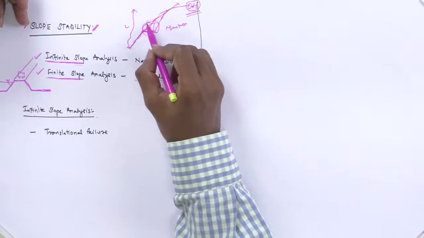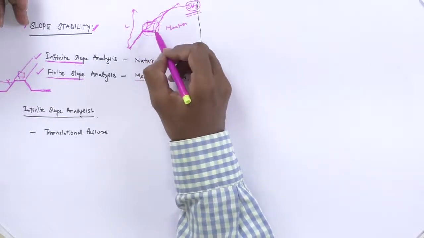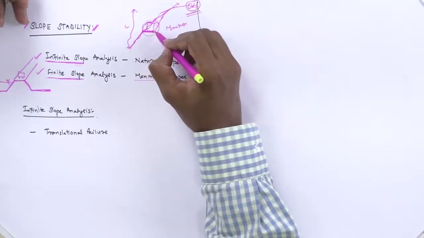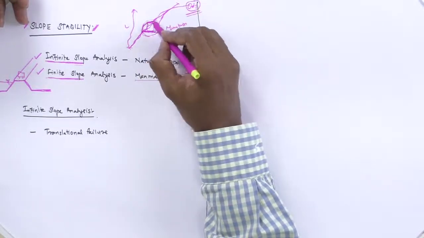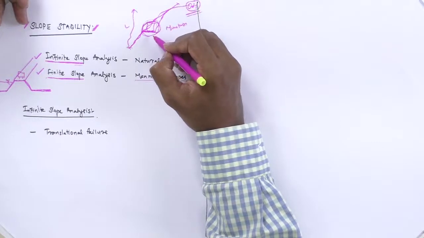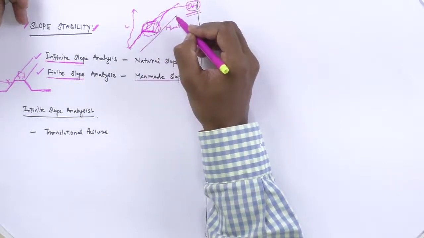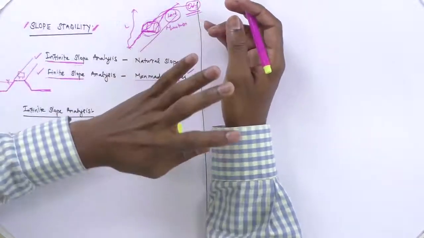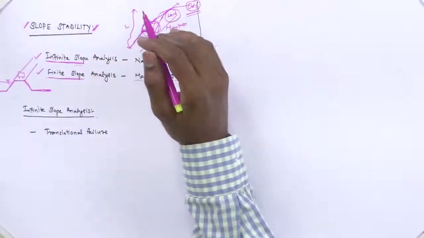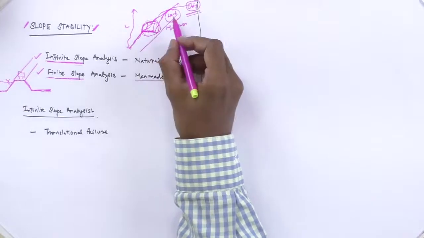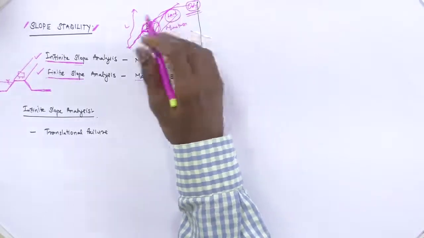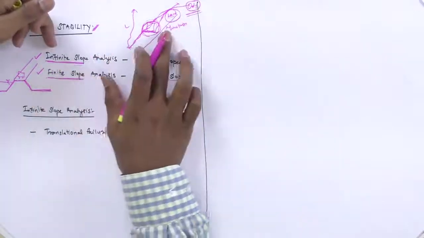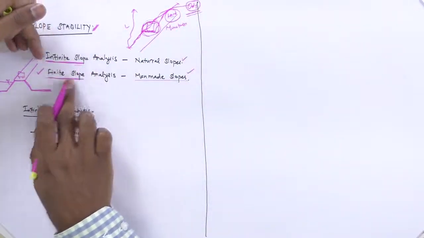This slope has to withstand the load given. To give a proper road, the slope must be very stable so that it can stand against landslides. A landslide may occur, so whether the slope is susceptible to landslide or not, that slope stability is what we are going to see in infinite slope analysis.